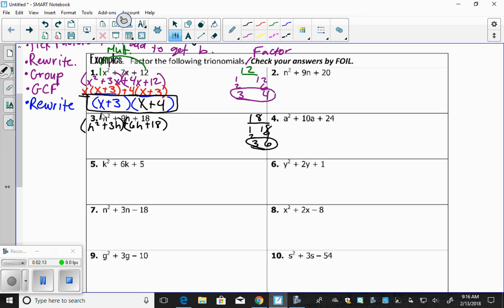What is common between h squared and 3h? H. So I'm left with h plus 3. So what's common between 6h and 18? I'm going to pull out a plus 6.